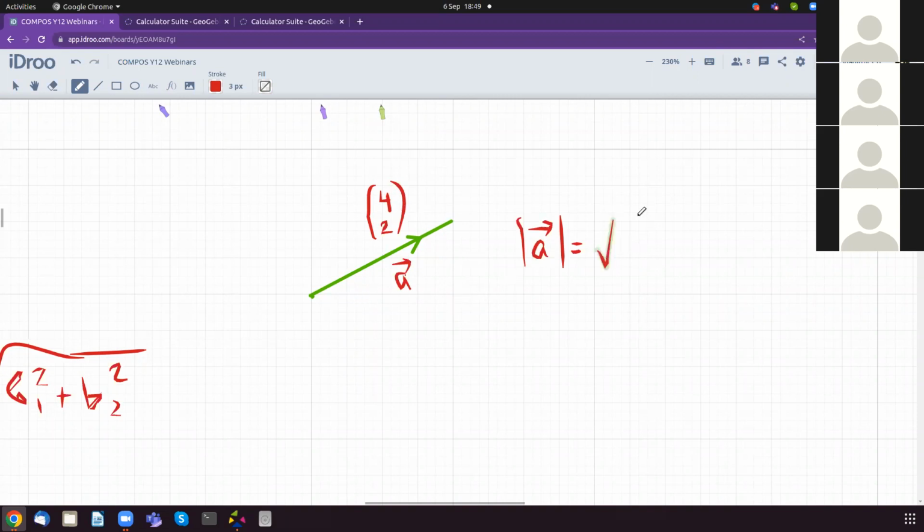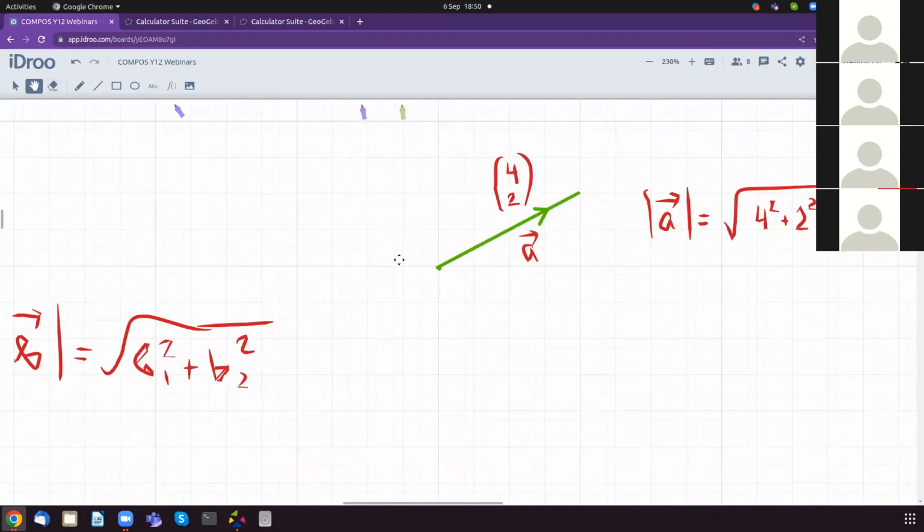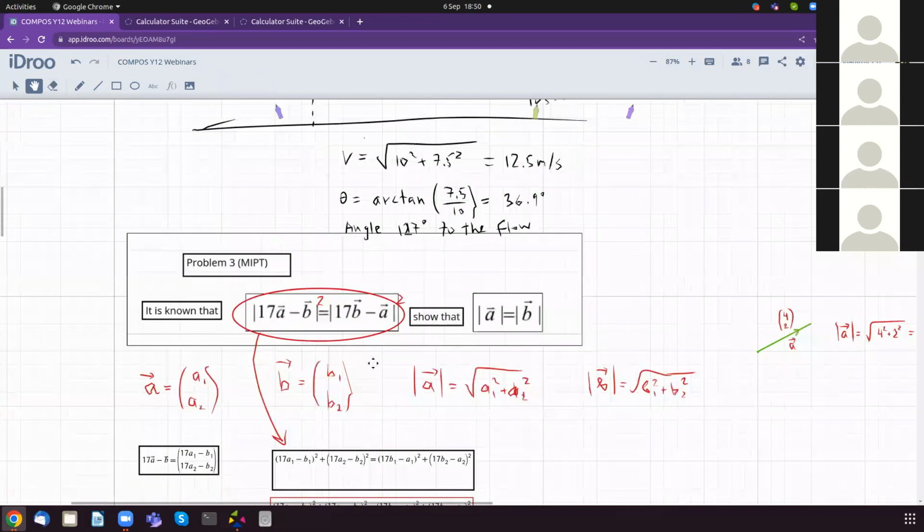So it's the square root of 4 squared plus 2 squared, that's 16 plus 4, so the square root of 20, and that simplifies to 2 square roots of 5. Hope that makes sense. So this is the definition of the modulus of a vector.